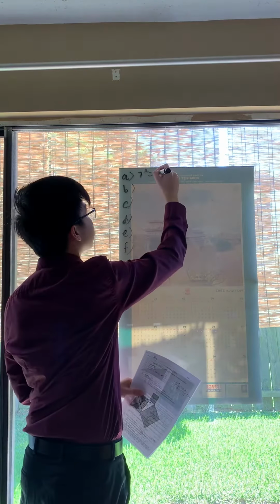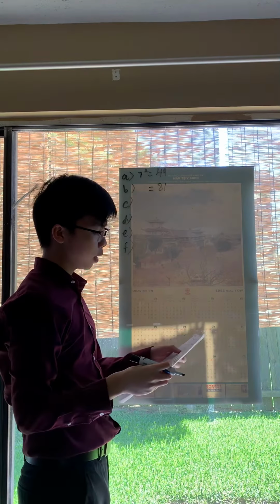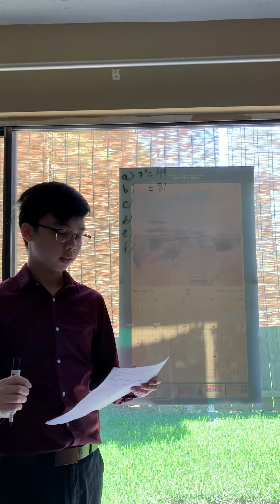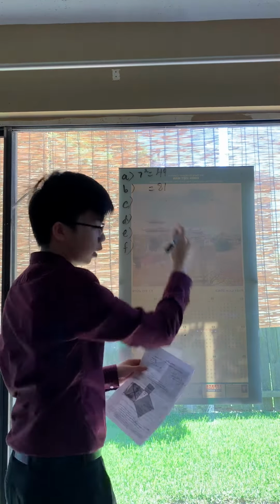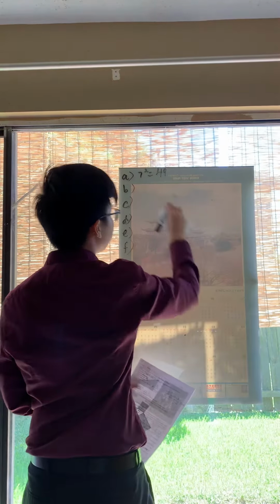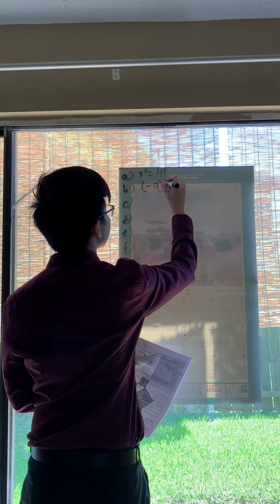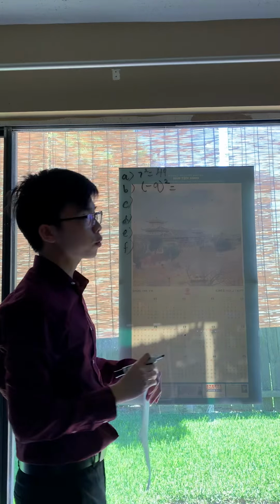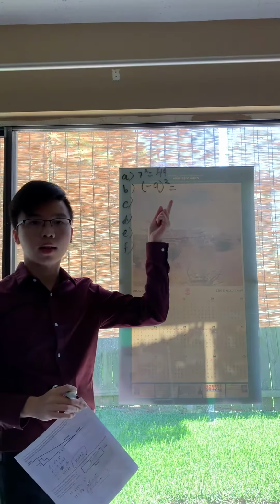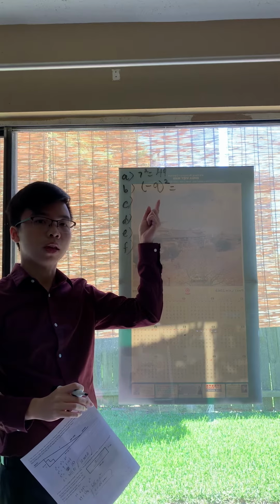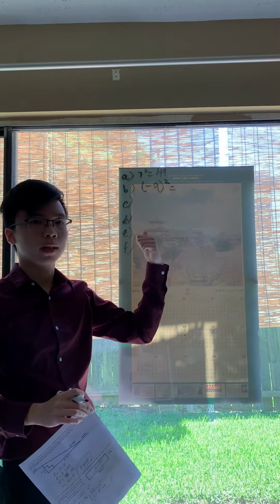What about C? Okay, so B and C, students generally make this common mistake where if you have, let's say, B, where you have -9 squared, for most people, if you plug this into the calculator, I see a lot of students make this mistake, so make sure you pay attention.